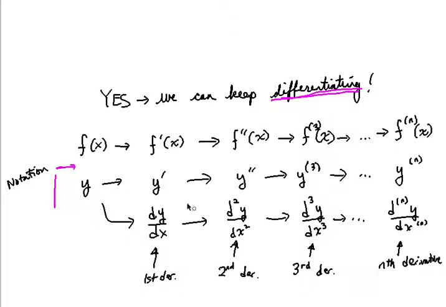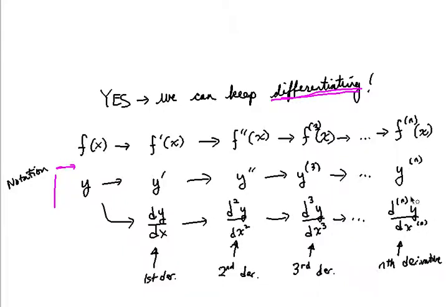If we go this way, we read this dy dx. This would be d squared y over dx squared, or d cubed y over dx cubed, d to the n y over dx to the n.